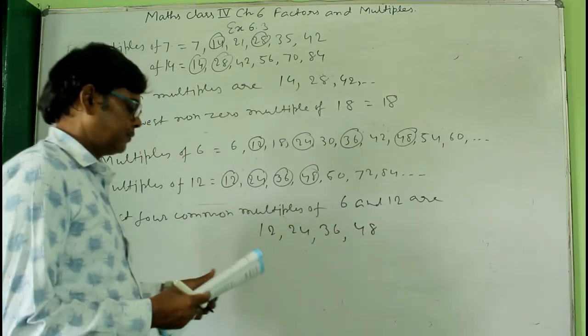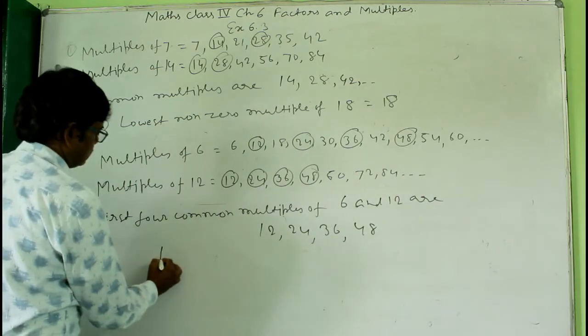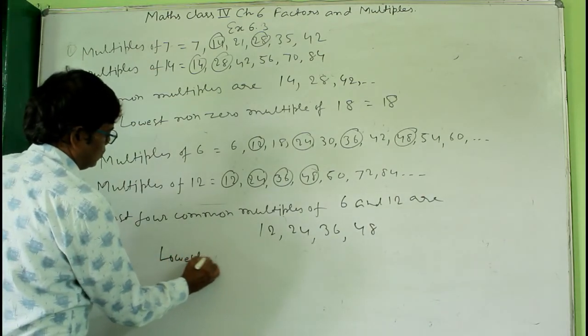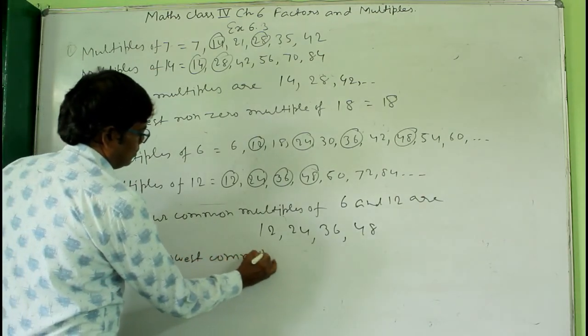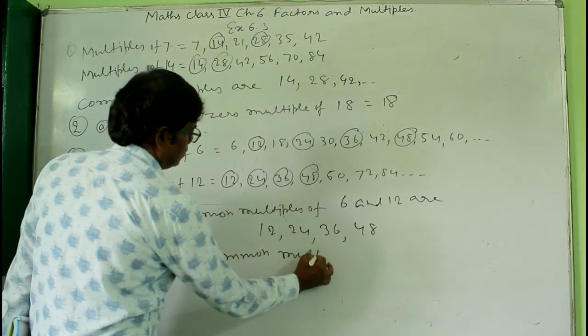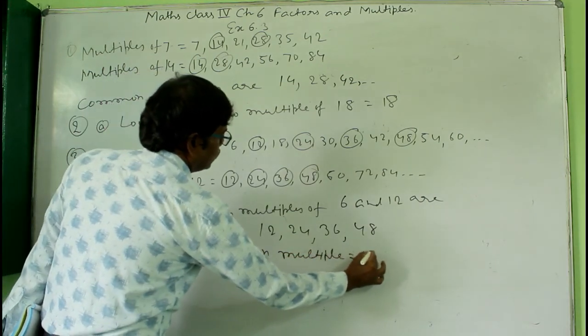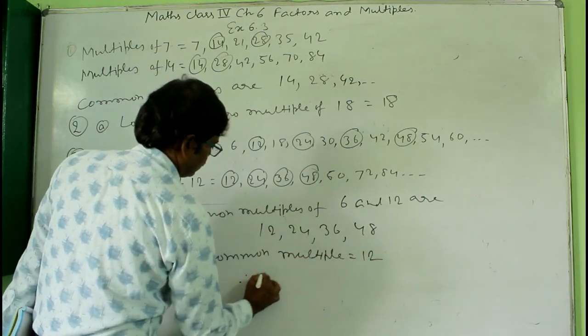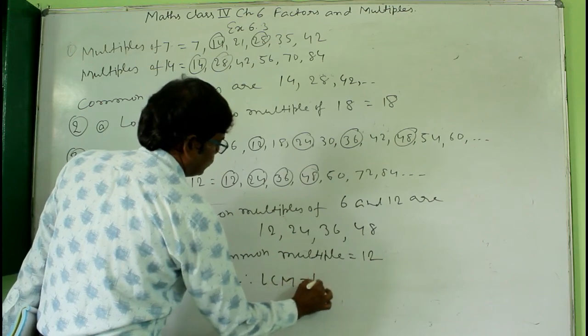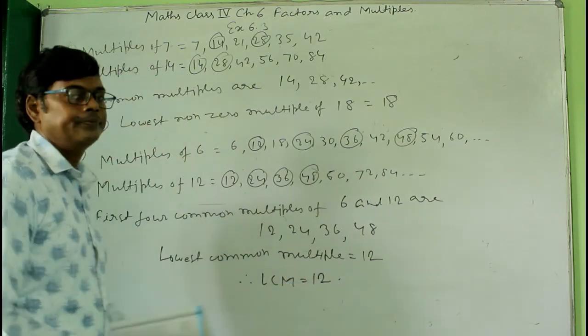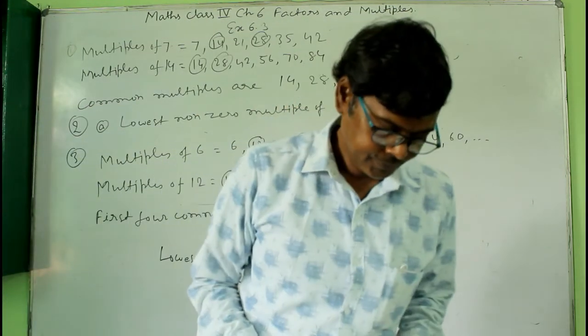And then you can say the lowest common multiple is 12, therefore LCM equals 12. Okay, this is the answer of this question.